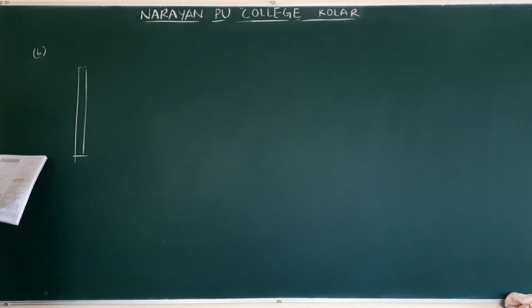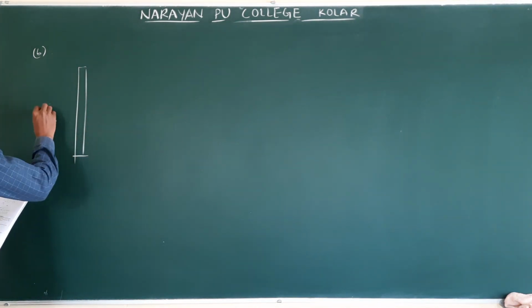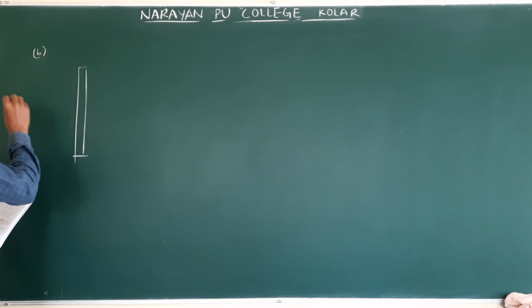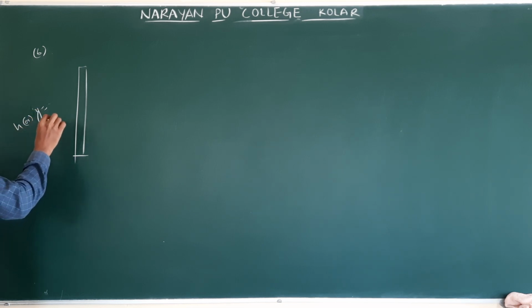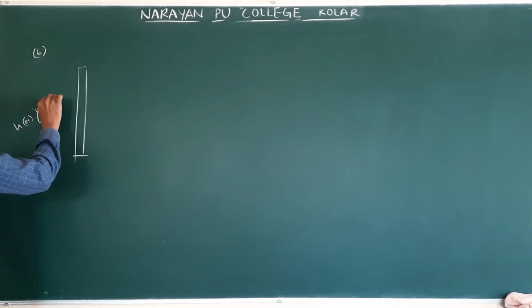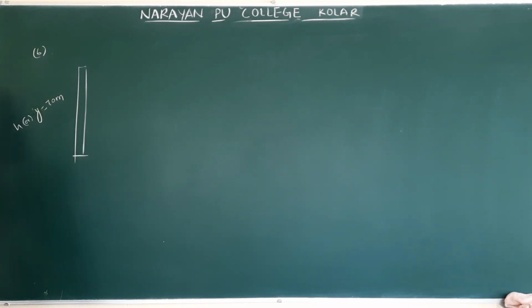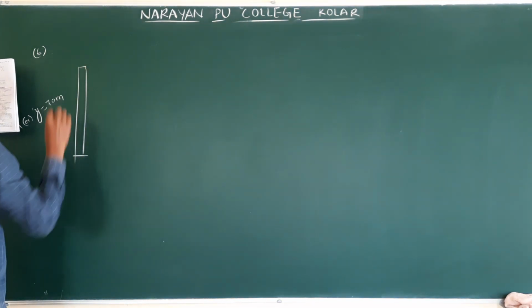This is the tower. The height of the tower we take in the equations as y. So I am taking y; if you are not interested, you can take h, no problem. H or y. What is the height? 70 meters given. From this point the object is thrown from the top of the tower.